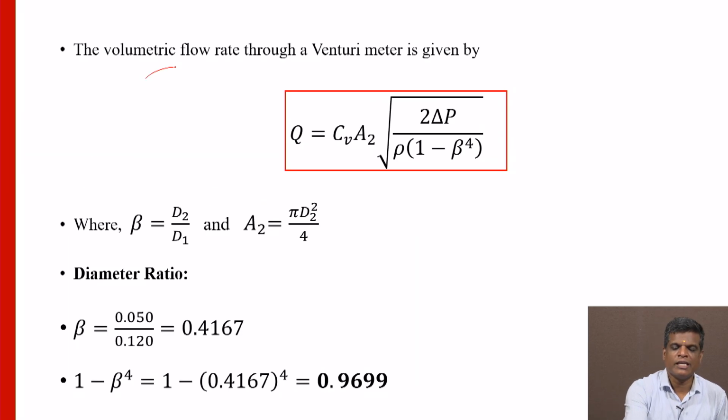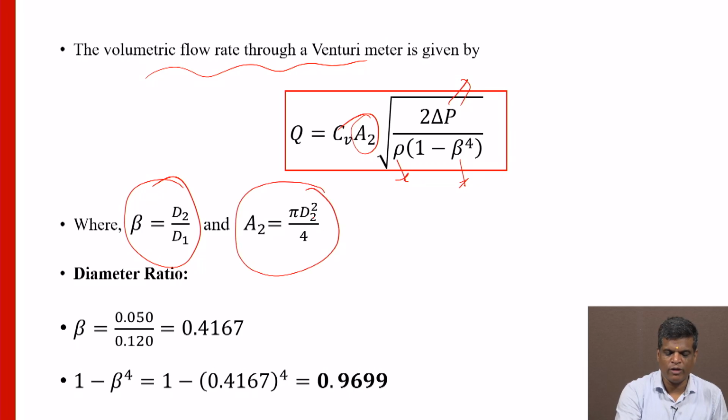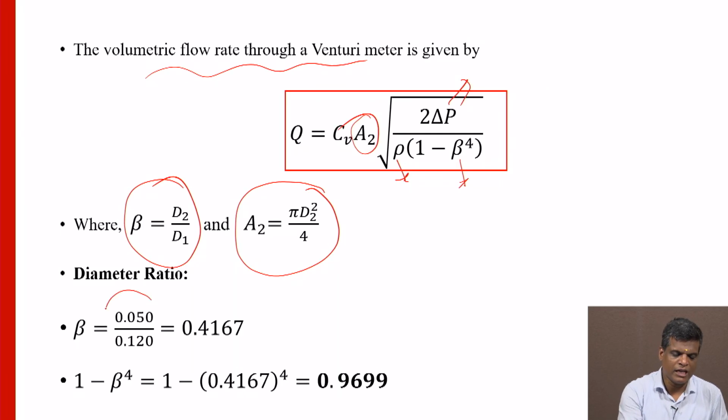The volumetric flow rate through the Venturi meter is Q equals Cv A2 times the square root of 2 delta P by rho, divided by the square root of 1 minus beta to the power 4, where delta P is the pressure drop and beta is the diameter ratio d2 by d1. The area is pi d2 squared by 4. We know the diameter ratio, 50 by 120, so we get the beta value, substitute it, and get 1 minus beta to the power 4.